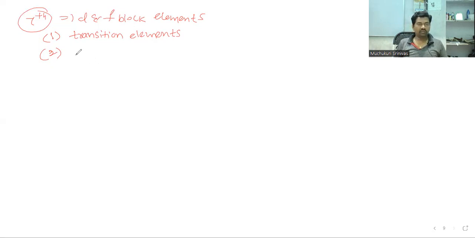Why is Zn plus 2 diamagnetic, whereas Mn plus 2 is paramagnetic?